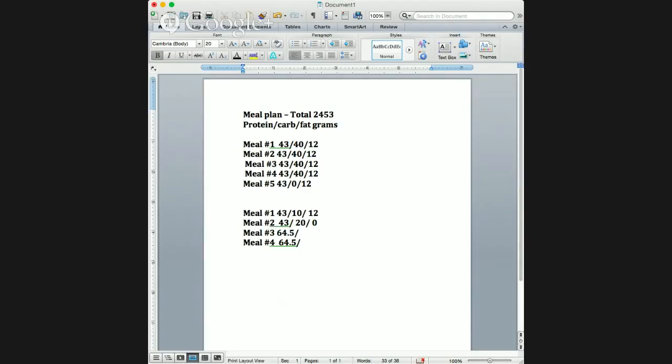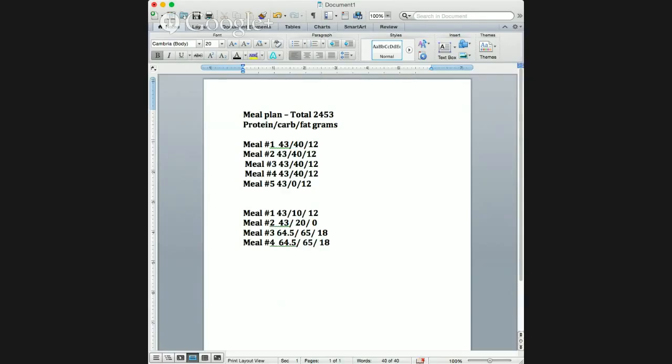I've also got an extra 12 grams of fat that I can put in anywhere I want as well. So let's just say I do that, and for meal 3 I'm going from 40 grams of carbs up to 65, and I'm also going to spread my fats out, so I'm going to go 18, right? Same thing with meal 4: I'm going 65 and 18, right?